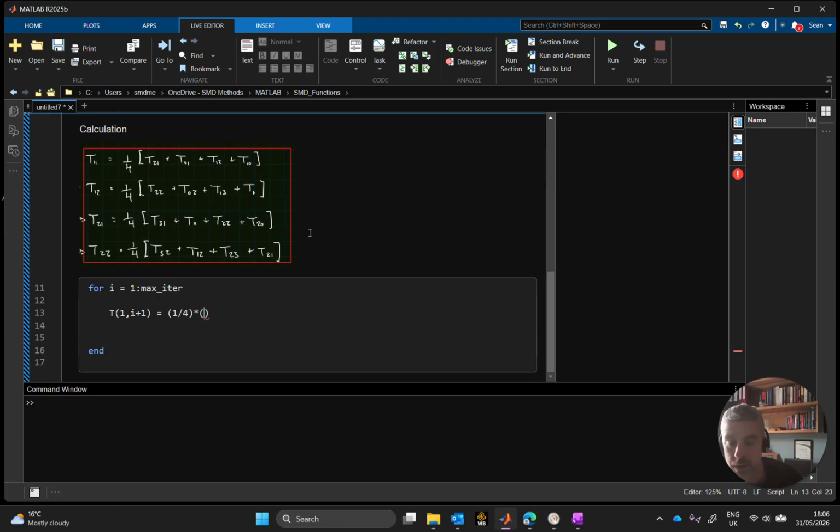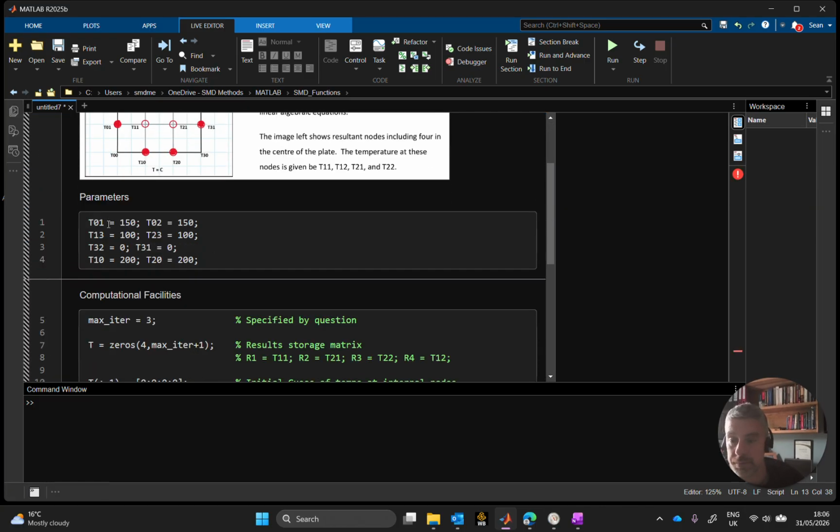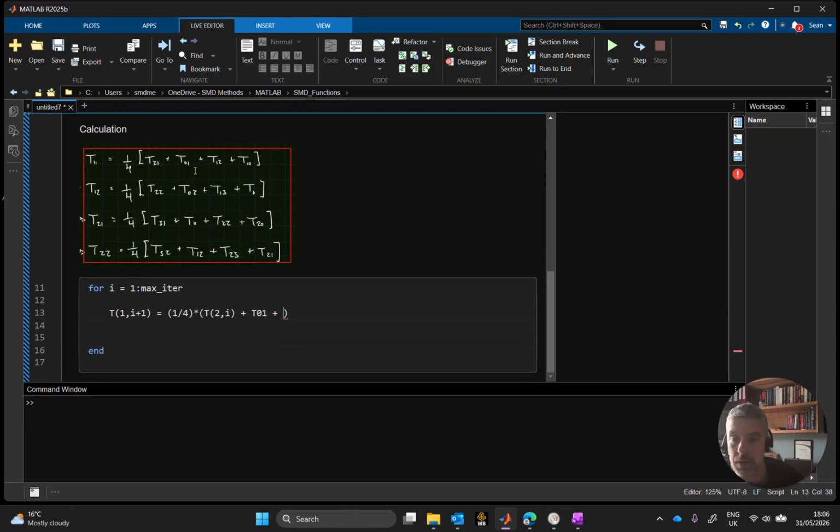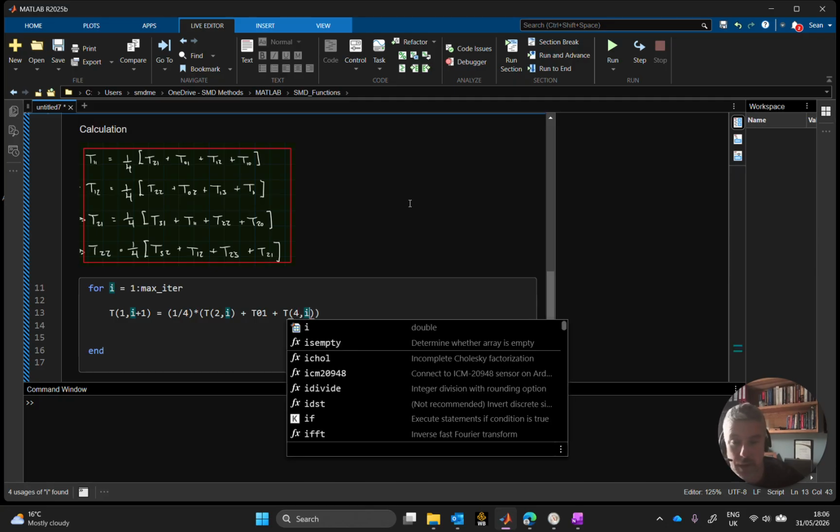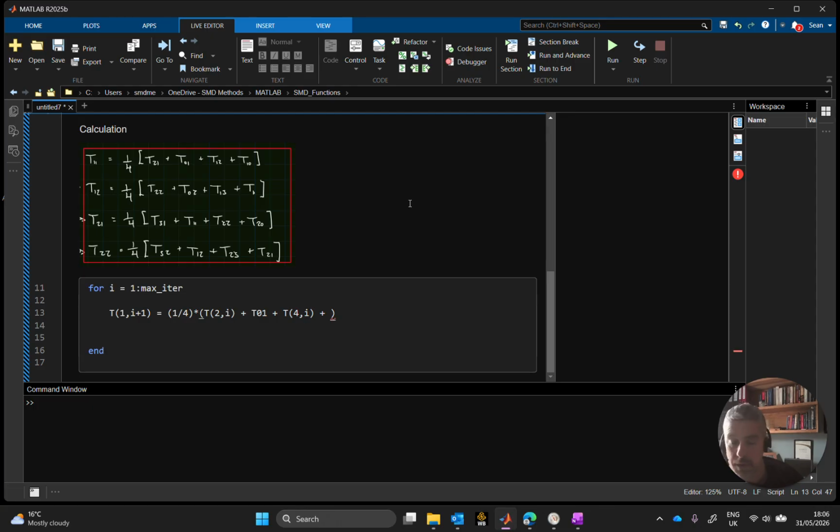T21 is in R2, so I'm going for T2 of i, because I need my initial guess value, which exists in i, T2 of i, plus T01, which I've specified up here, plus T12. Again, T12 is an internal value, and T12 is going to exist in R4, T4 of i, plus T10. There's my first one done.